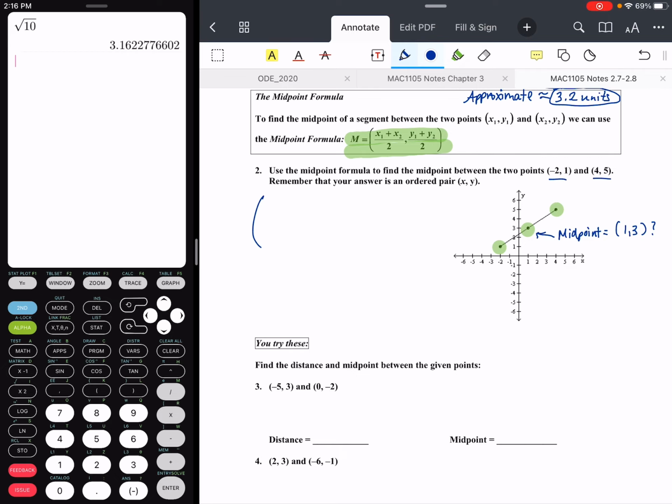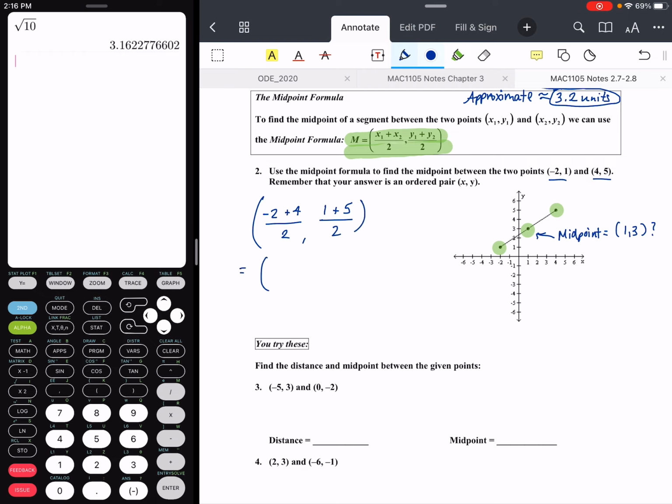So I take my x values, -2 plus 4, and divide them by 2, then I take my y values, 1 plus 5, add them up and divide by 2. -2 plus 4 gives me 2 over 2. 1 plus 5 gives me 6 over 2. And then simplifying, 2 over 2 is 1, 6 over 2 is 3. So that's my midpoint. It's literally the halfway point between your two starting points, and you're just finding the average x and the average y.